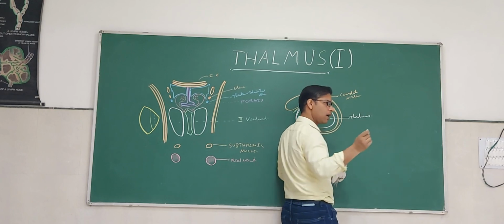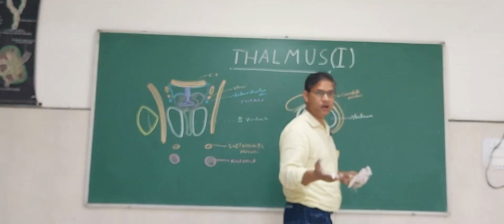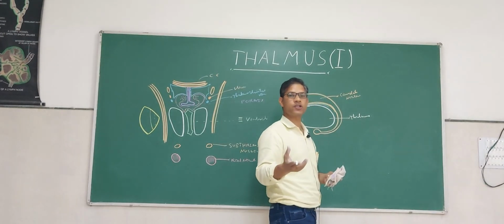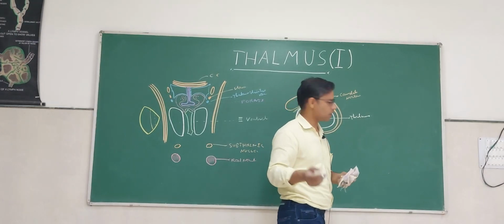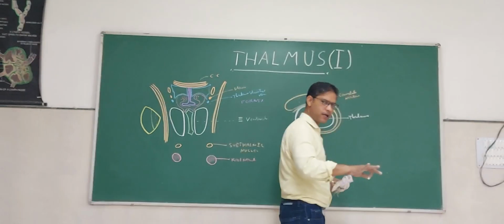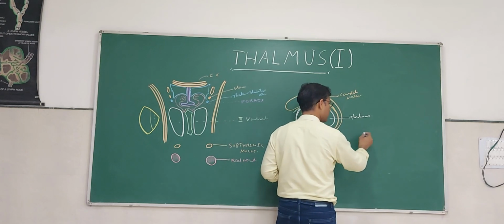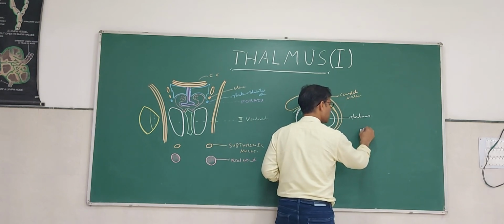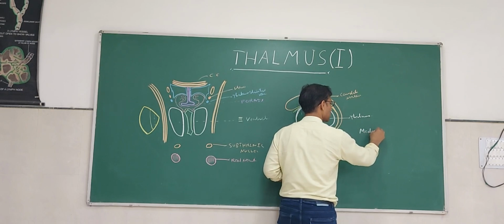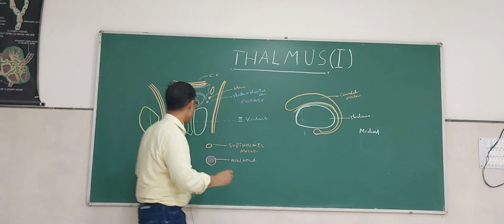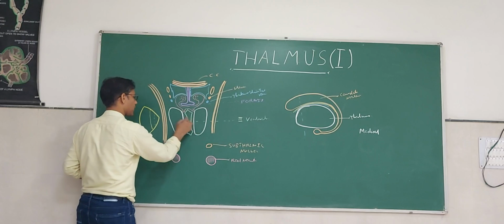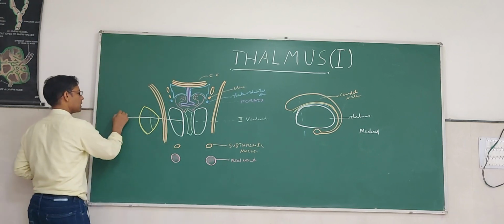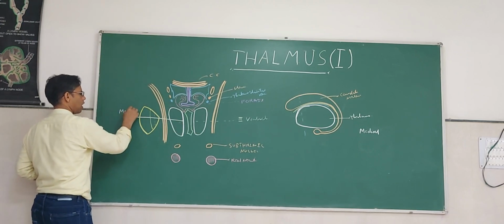Underneath this is the midbrain part, the superior colliculus of the midbrain, and a few embedded structures, the lateral geniculate body and medial geniculate body. Okay, we will discuss later on. So that is the 2 ends. Now coming to the surfaces, there is the medial surface. You can see this is the medial surface of the thalamus.